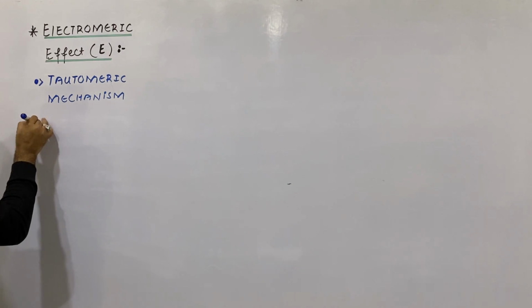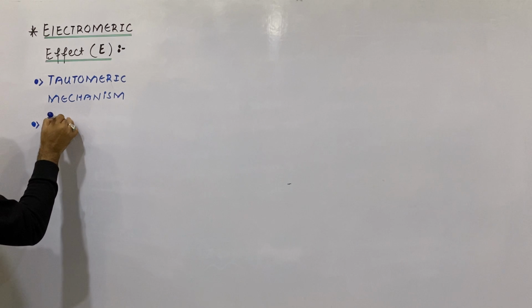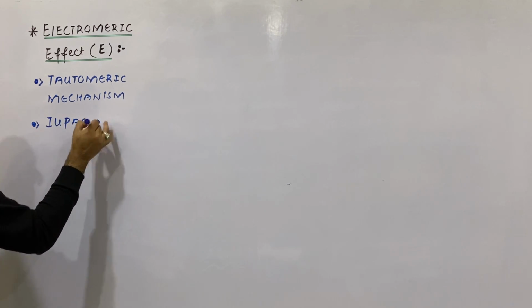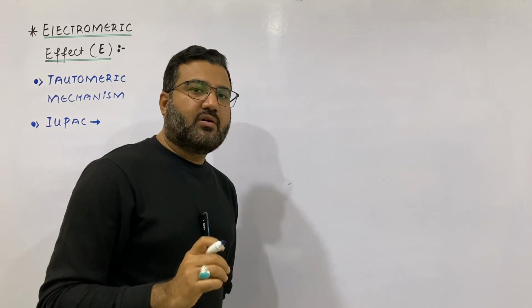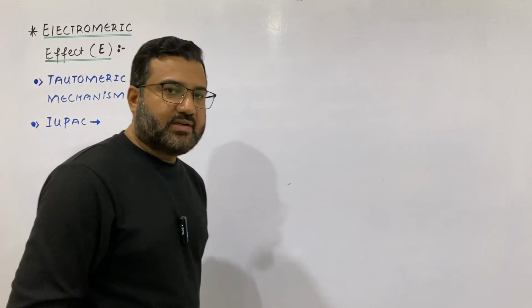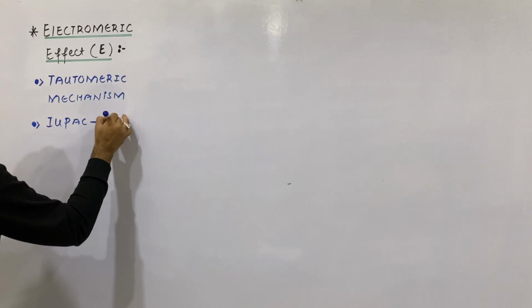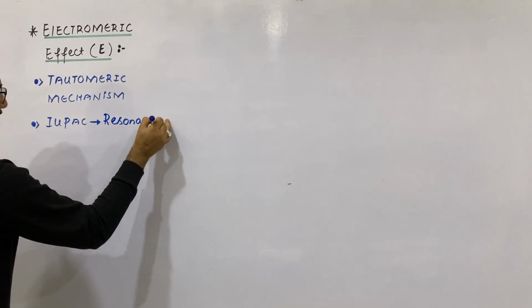But nowadays, according to the recent recommendations of the IUPAC, the terms electromeric effect and mesomeric effect both are becoming obsolete from the literature, and they are merged into a broader concept, that is the concept of resonance.